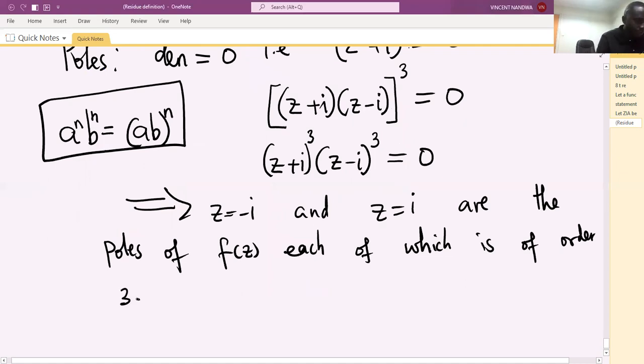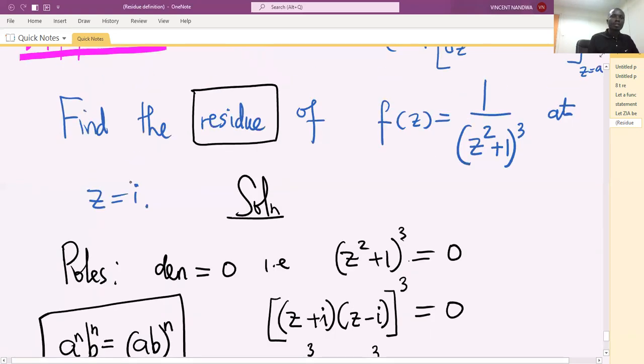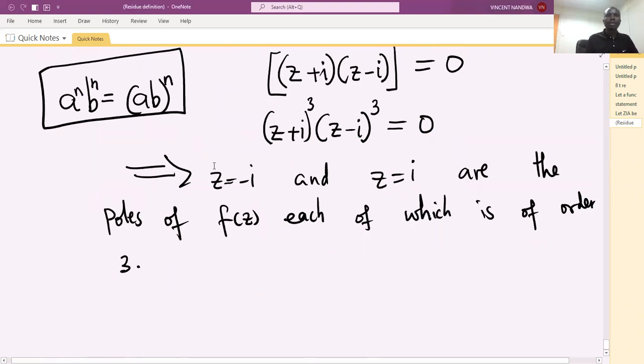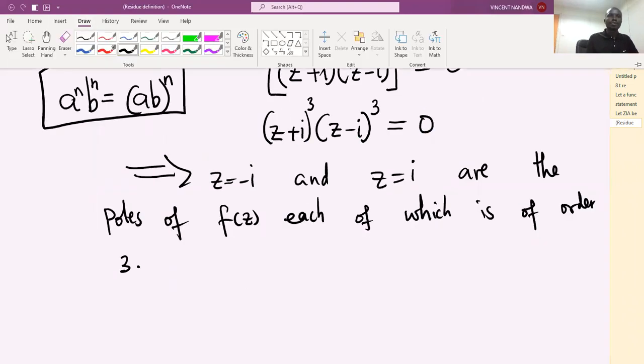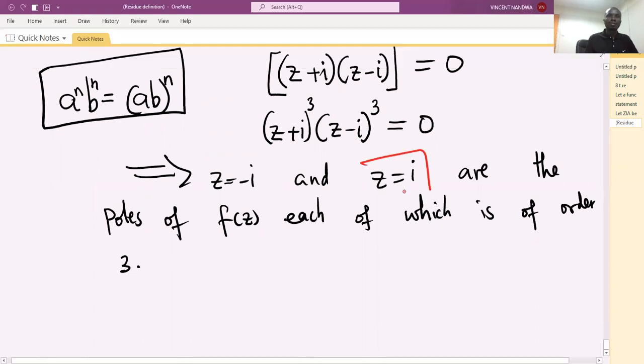So that's the first step. So because the question specifies that we have to only concentrate on finding the residues at z equals i, that's the only part that we take care of, this part.